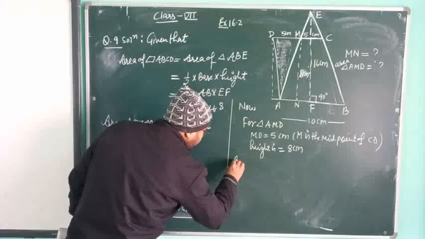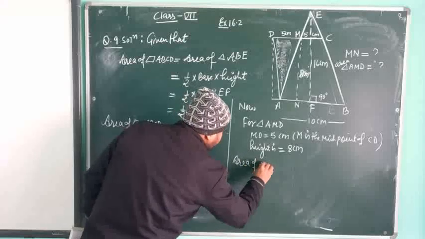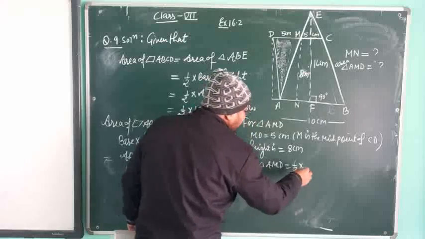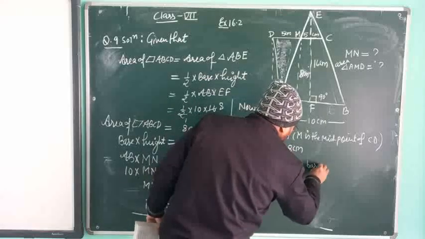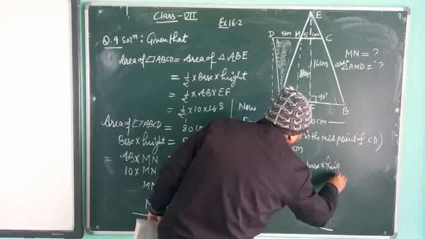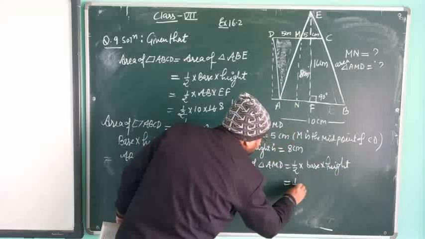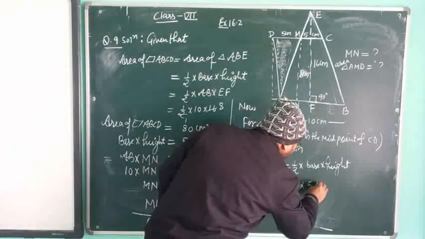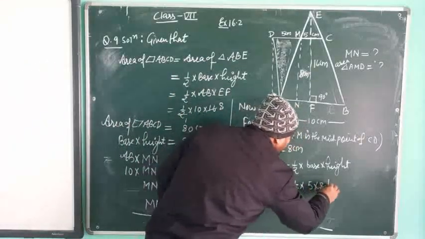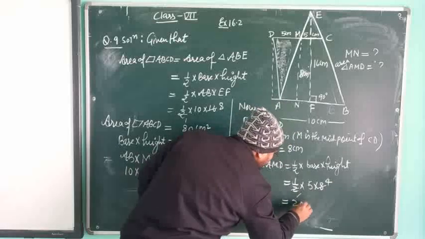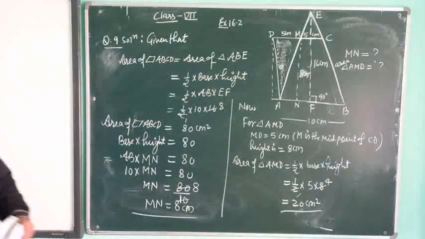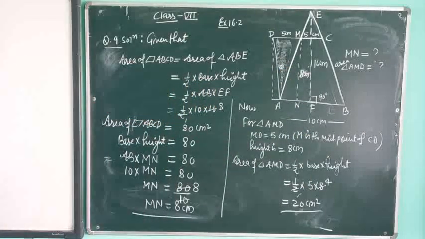So the area of triangle AMD is equal to 1 by 2 base multiplied by height. 1 by 2 base is 5 and height is 8. 2 ones are 2, 2 fours are 8. We are getting 5 fours are 20 centimeter square is the area of this triangle. Area of this triangle AMD is 20 centimeter square.